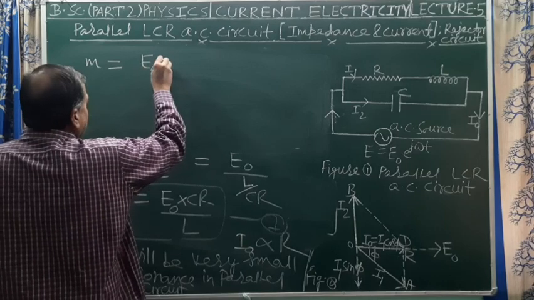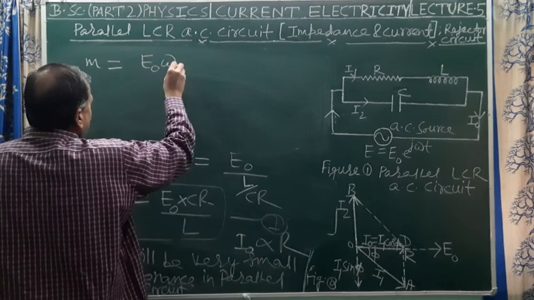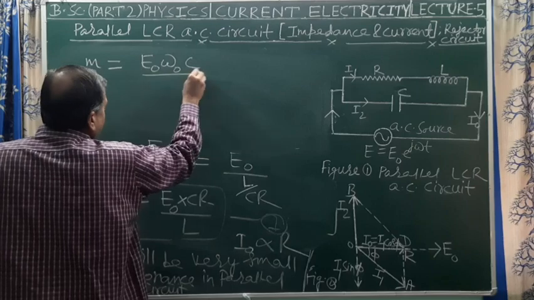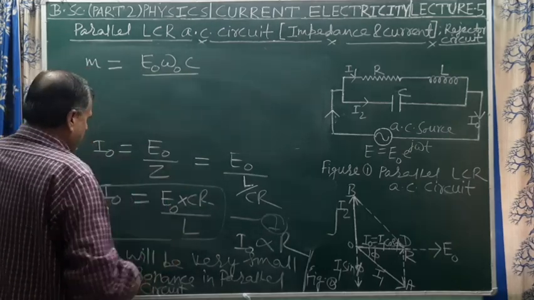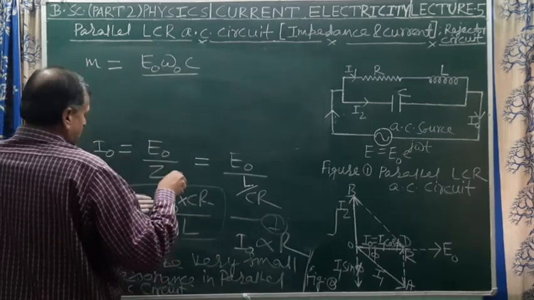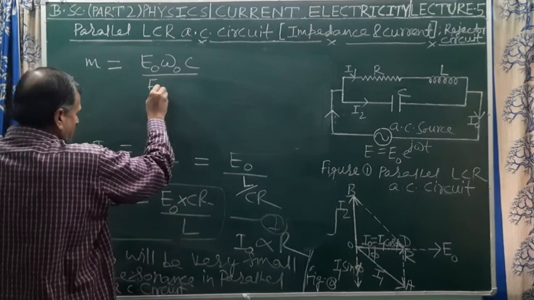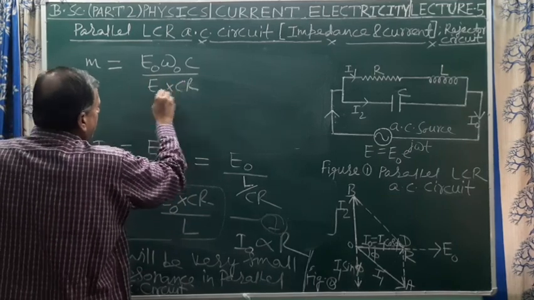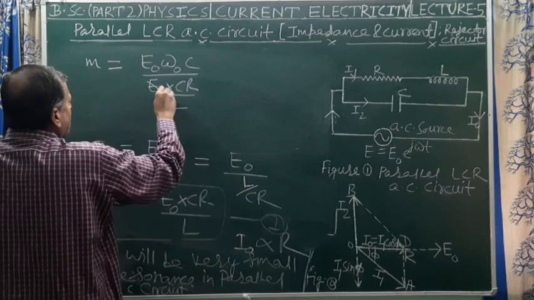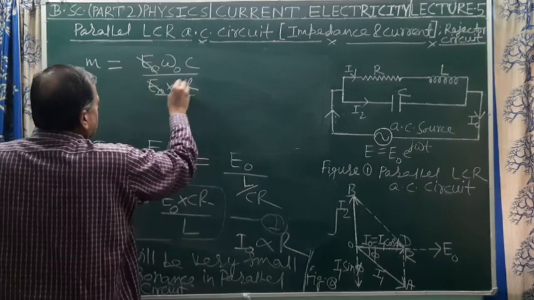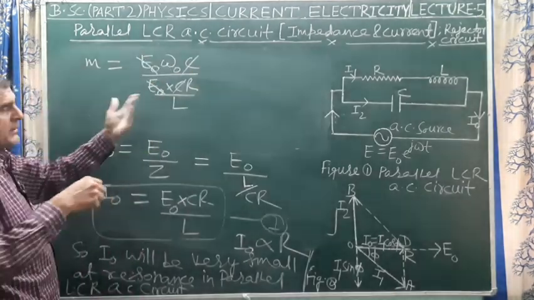upon 1 by omega c, that is E naught into omega naught into C, upon the makeup current, and the makeup current I naught is E naught into CR upon capital L. E naught and E naught will cancel out. C and C will also cancel out in the numerator and denominator.